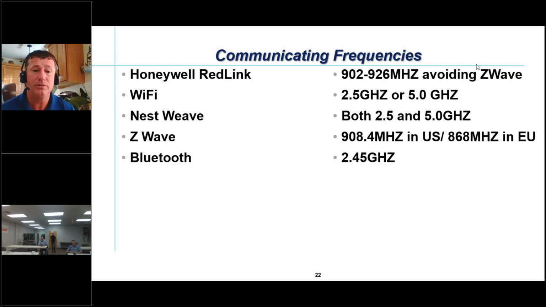Well, now we can simply run 2 of those wires to feed power to that Honeywell Red Link, and that Honeywell Red Link thermostat is going to send a 902 to 926 megahertz signal back to that interface module. And we can control all of our switches, however many we need, at that electronic interface module. So it's communicating, but it's communicating in an entirely different way.